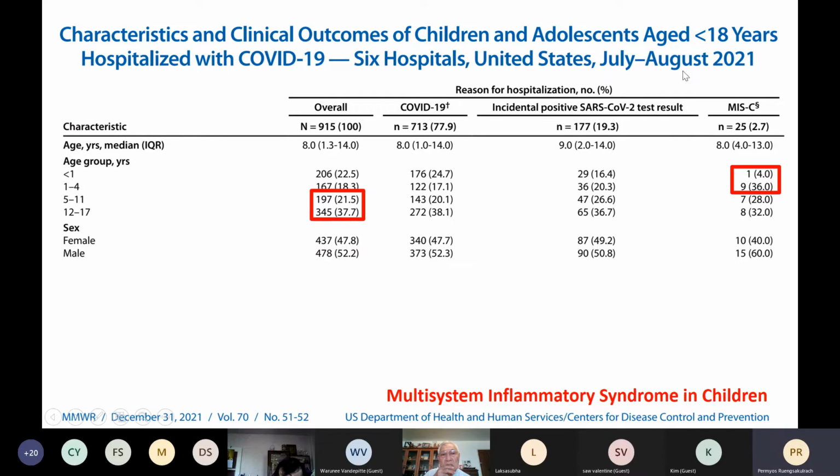And this is from the Delta period. But now we have Omicron, and with Omicron the incidence in children is in younger and younger ages. So it's not the same as Delta, which had more people in the older age group.